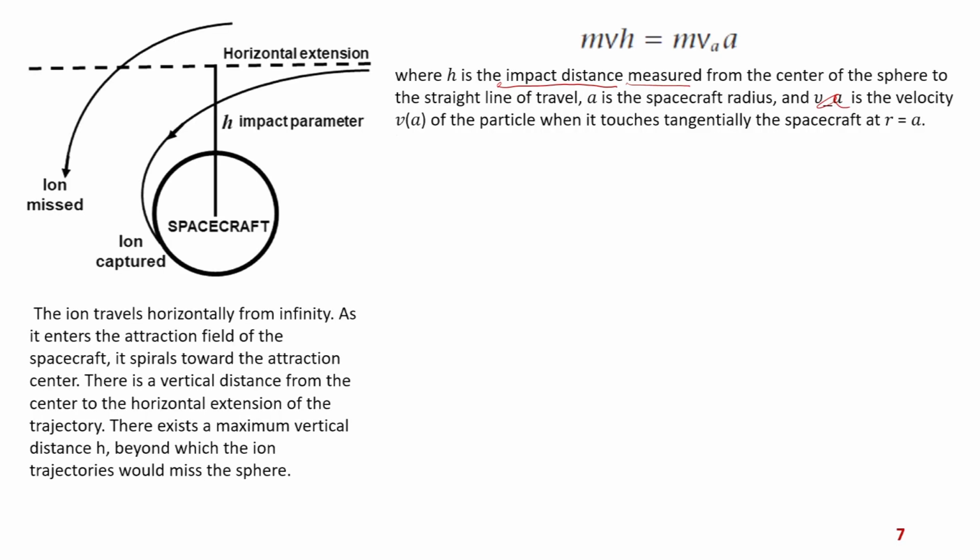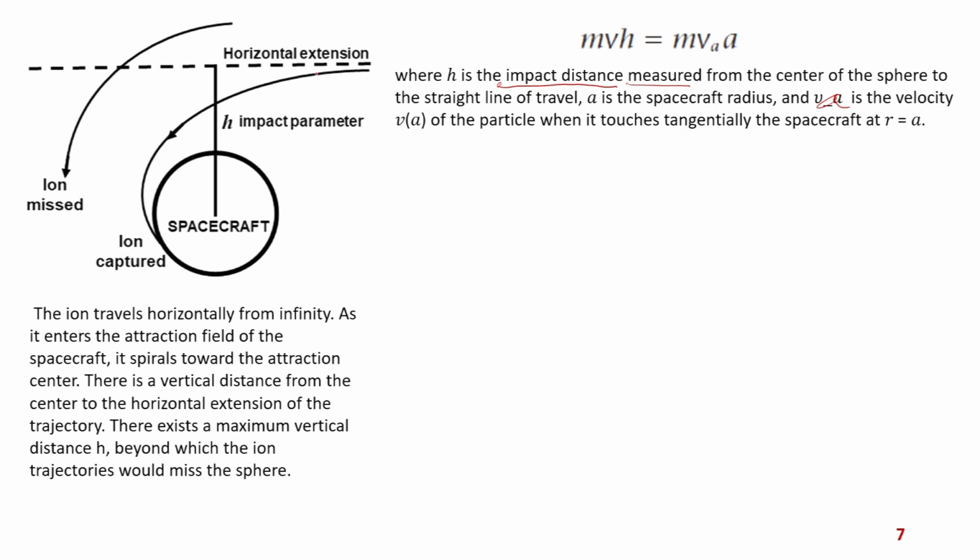Now, let us try to understand the impact distance. Consider this is your spherical spacecraft, or it can be a cylinder also. Suppose the particles are moving. Whenever the particles enter the electric field of this spacecraft, or you can assume, when it is entering the plasma sheath, then what will happen?